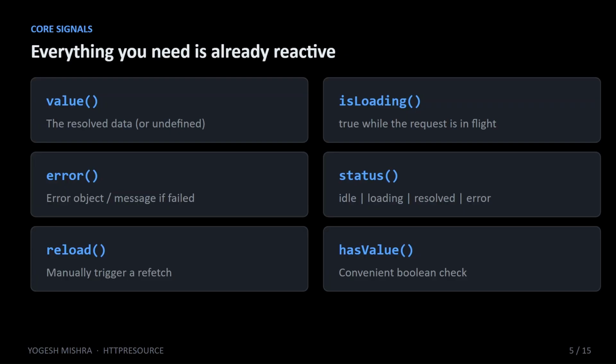Reload, manually trigger a fresh request. hasValue, a convenient boolean, true when data is present. In most templates you only need 3: if isLoading, else if resource error, else if resource value as data. This pattern becomes muscle memory very quickly.